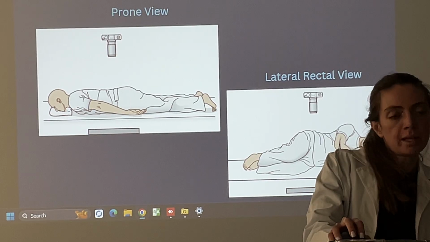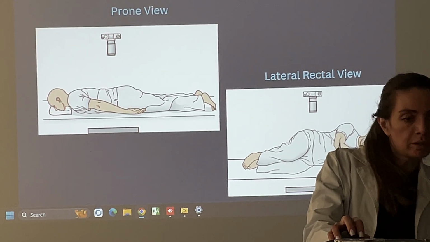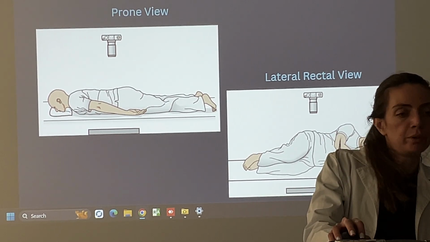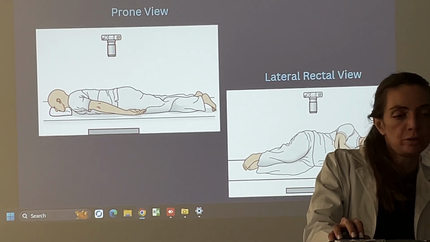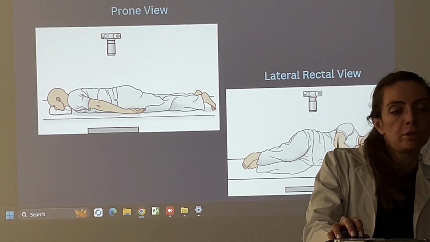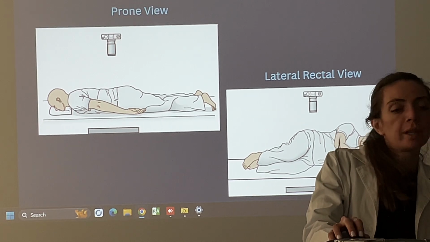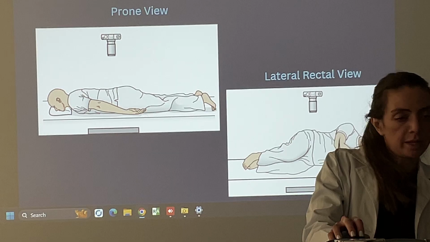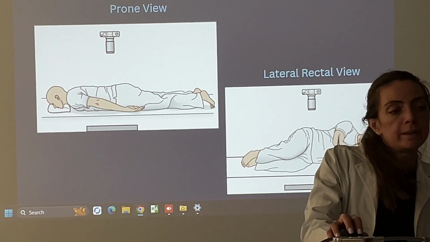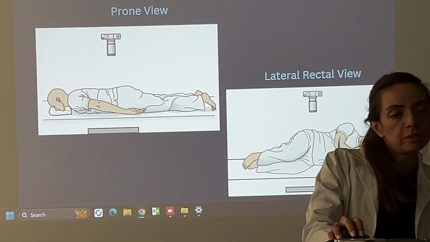The prone view also helps identify gas in the ascending and descending colon, because these two parts of the large bowel, in addition to the rectosigmoid colon, are also posterior, and air will collect in them when the patient is lying prone. Then we have the lateral rectal view.